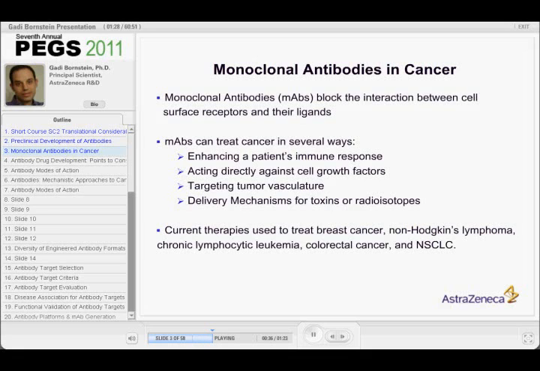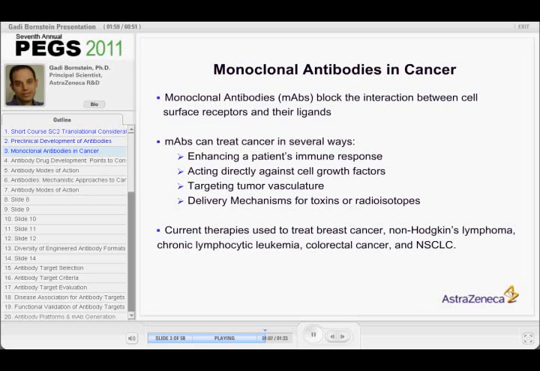Antibodies can be employed to treat cancer in one of many, many ways. One of which is to enhance a patient's immune response, to directly block cell growth factors, impacting the tumor vasculature, or which is becoming actually more attractive, is delivery mechanisms by employing either a toxin or a radioisotope.